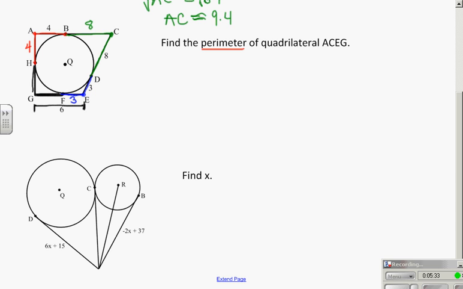If that's 3 and the whole length is 6, then that means GF and GH are also 3. And once you've used that external point congruent tangent theorem, you can simply add up the sides. And so we have a side of 7 in AG plus 12 for AC plus 11 for EC plus 6 for GE. And that ends up being 36 units.